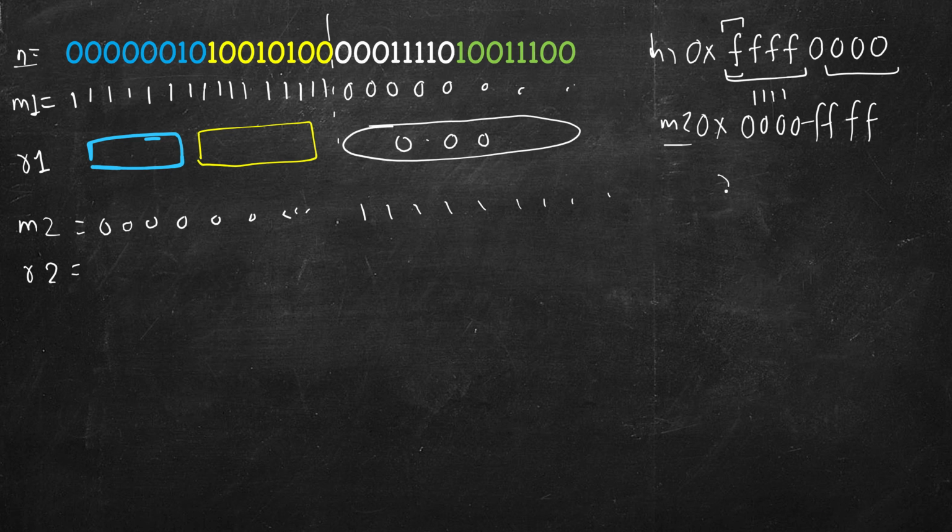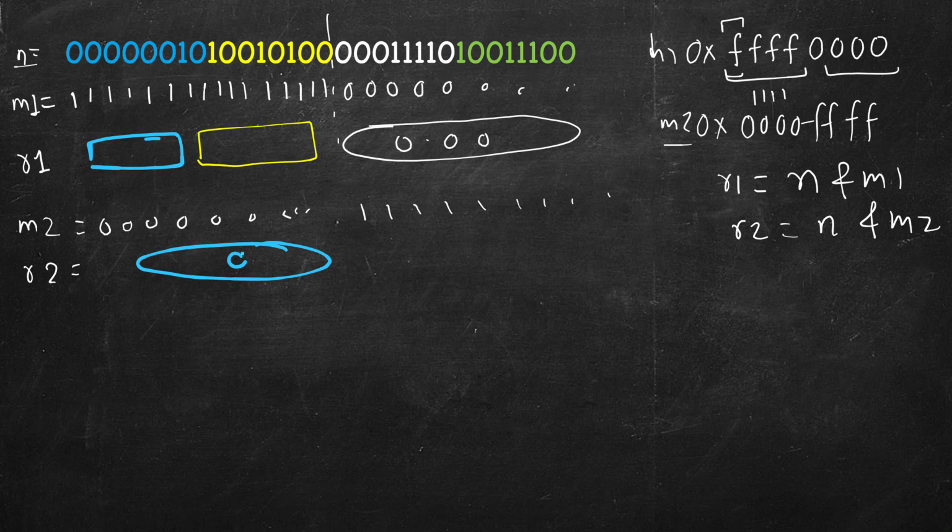So R1 is n and M1, R2 is n and M2. So what will happen? These things will become 0. So I am writing in blue this time. This left half becomes entirely 0. And in the right half, we have this white region. So whatever is this white bits, and then the green bits.